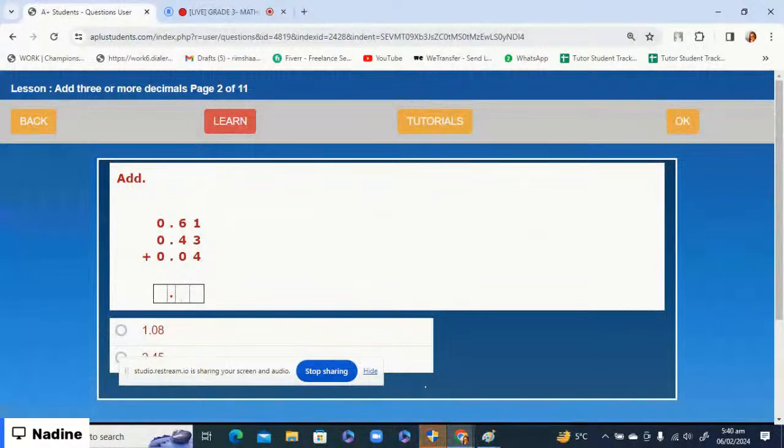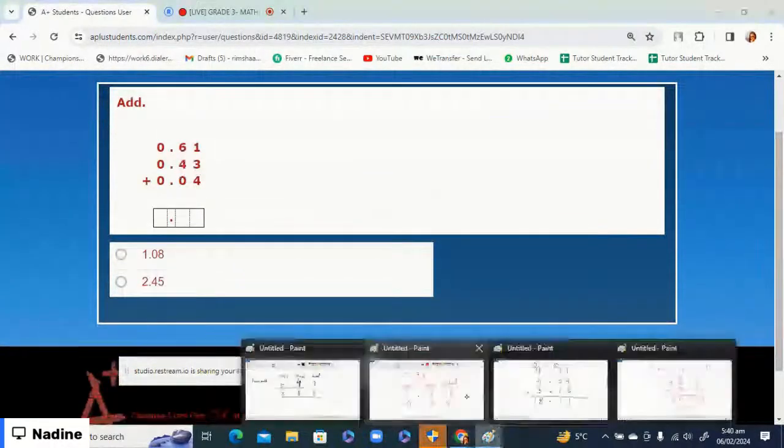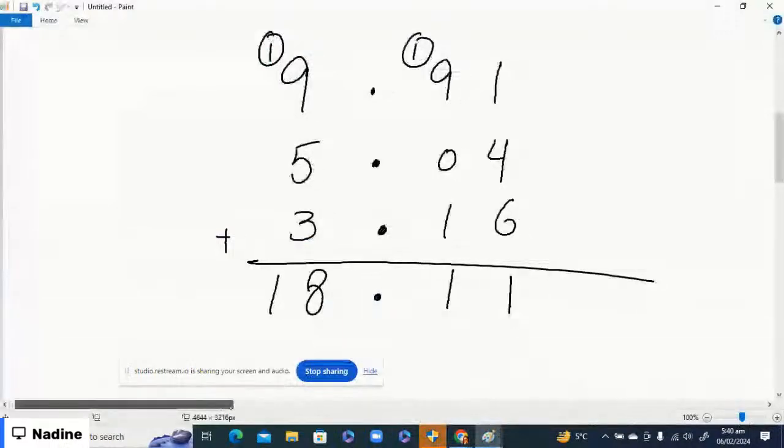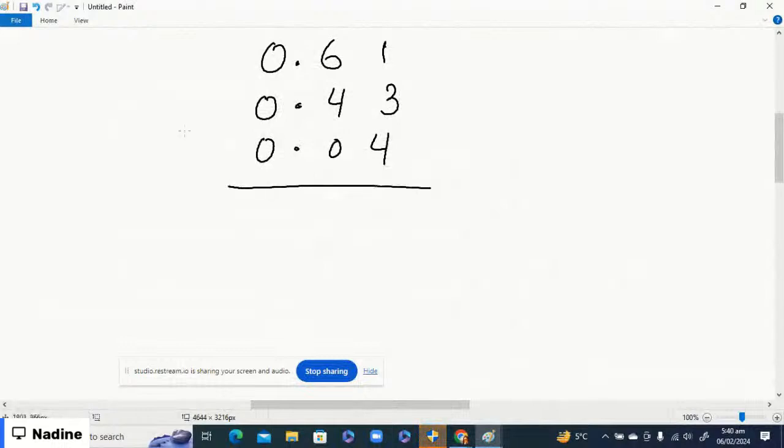Now let's do this one. 0.61, 0.43, and 0.04. Let's add this one. Now you guys tell me the answer, then I will put it in the end.